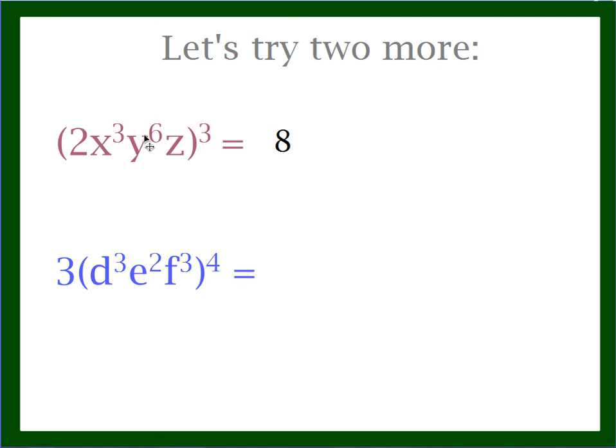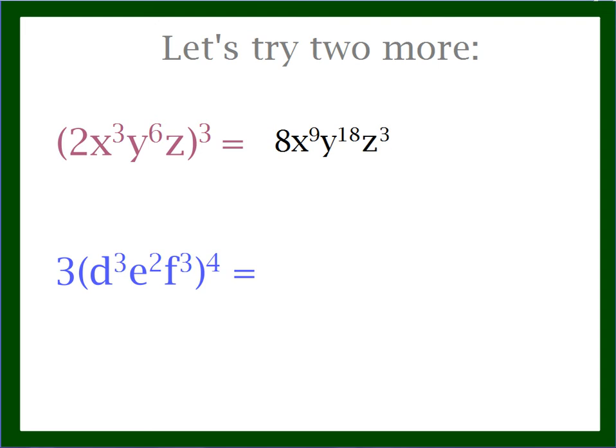Then I have 3 sets of x to the third, so I have 3, 6, 9 x's, so x to the 9th. Y to the 6th I have 3 sets of, so 6, 12, 18 of the y's. And z to the first, I only have 3 of those, so I have z to the third power.